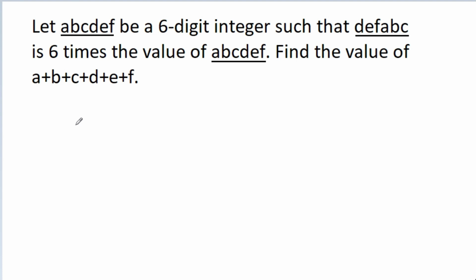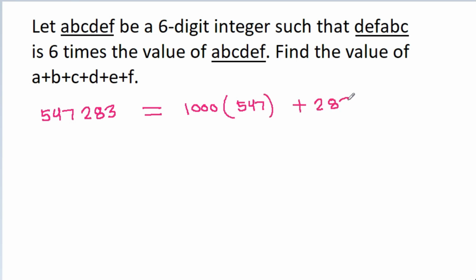So any 6-digit number, suppose 547283, can be written as 1000 times 547 plus 283.